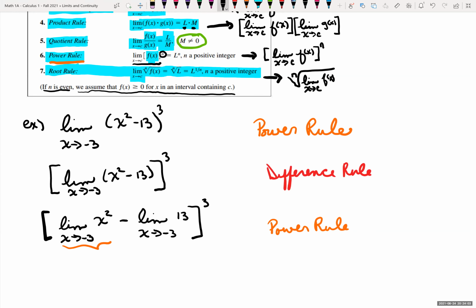So I still have this bracket cubed, but now inside there, we have the limit as x approaches -3 of x, and then I'm squaring it by that power rule, minus that limit as x approaches -3 of 13, and then I still have to cube it.